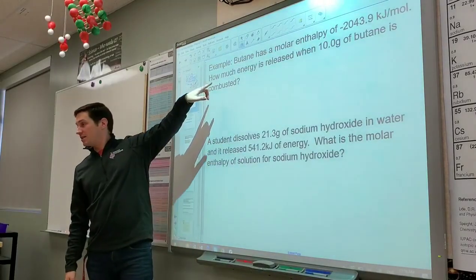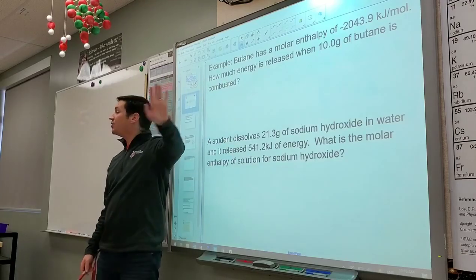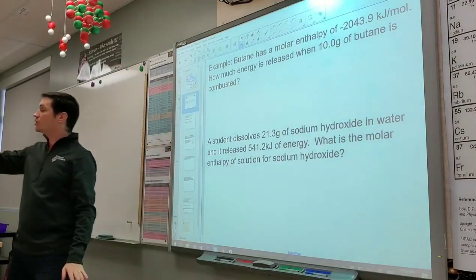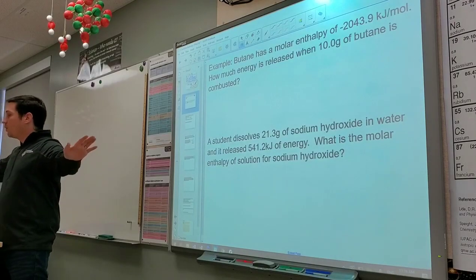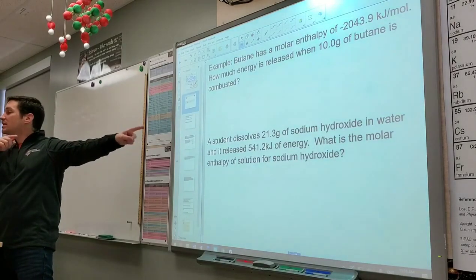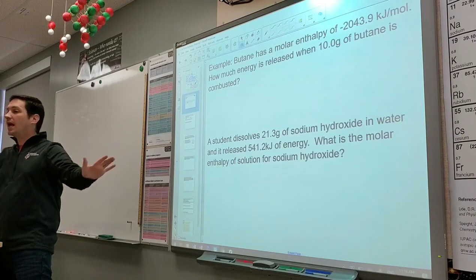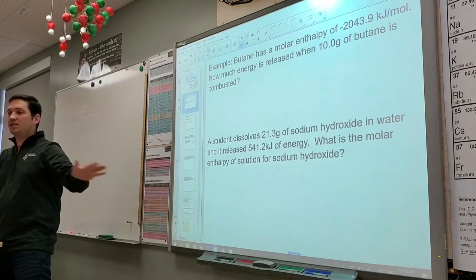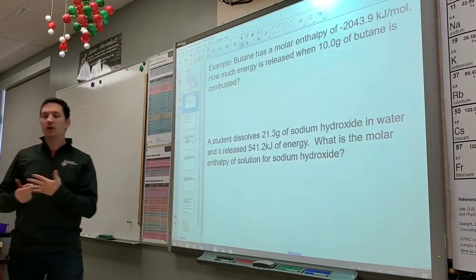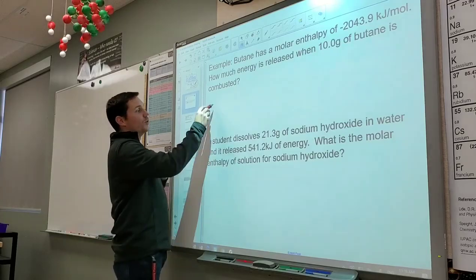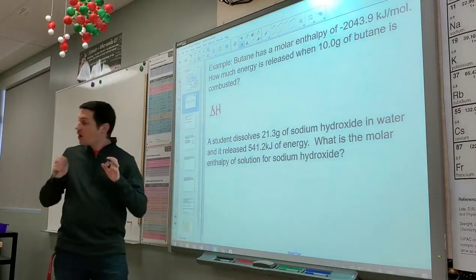What do we want out of this question? We want energy, and energy is always measured in either joules or kilojoules. Read the question. Does it say we're heating up water? So you cannot use the specific heat capacity of water. Is there kilojoules anywhere else in this problem? Yes. So we're looking for the enthalpy change, not the molar enthalpy.